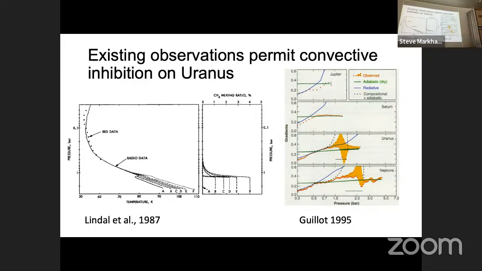You have to assume some kind of model for the atmospheric structure, and what was originally assumed was that it would behave adiabatically. However, Tristan Guyot in the 90s pointed out what I just pointed out now, that if you are changing the composition as you change the temperature, then you can stabilize against convection, and demonstrated that the Voyager measurements are consistent with such an atmospheric structure.